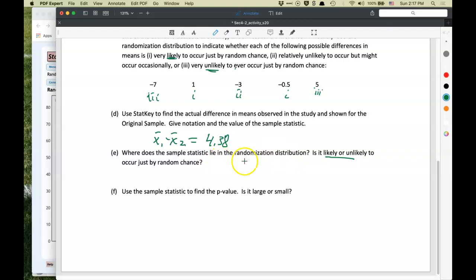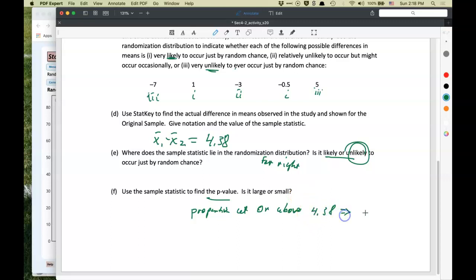So let's see, where does it lie? It's at the far right. And is it likely or unlikely? Well, it's very unlikely due to chance. Use it to find the p-value, so it's going to be the proportion at or above. And remember, that's because it's a right tail alternative. We're looking at or beyond this, at or above 4.38.